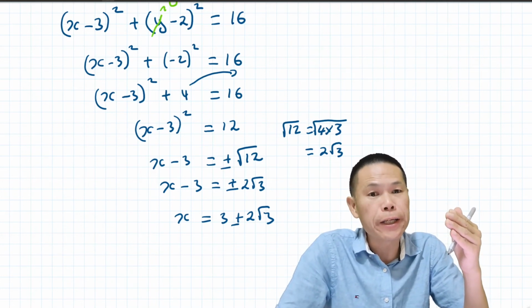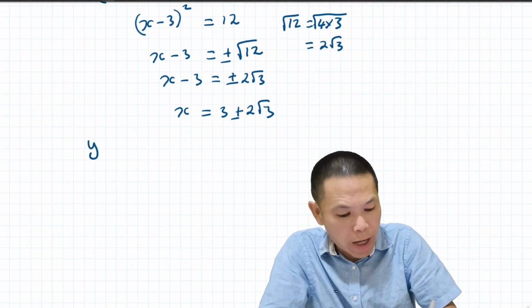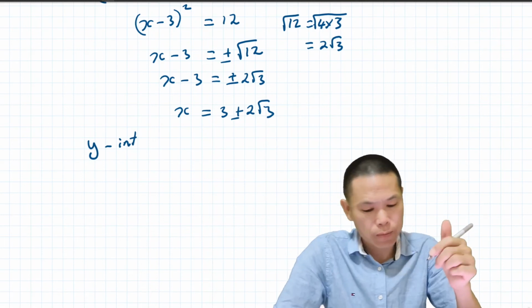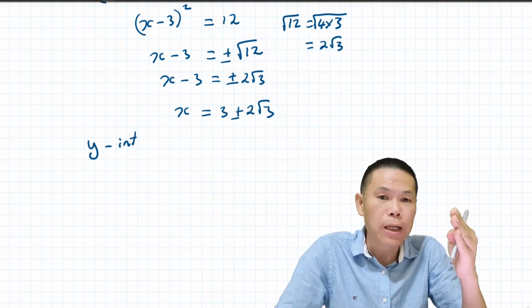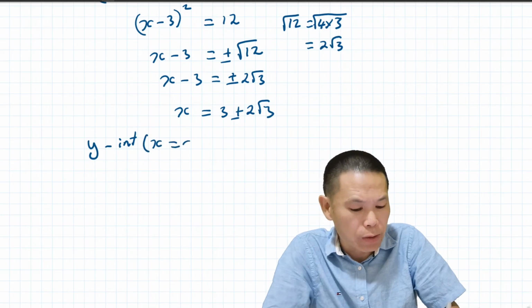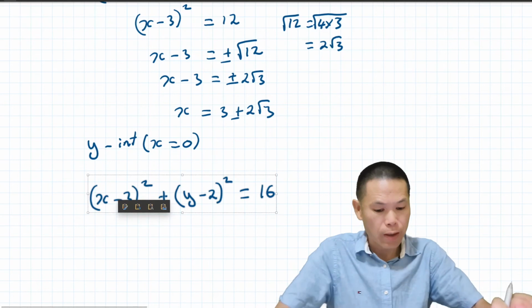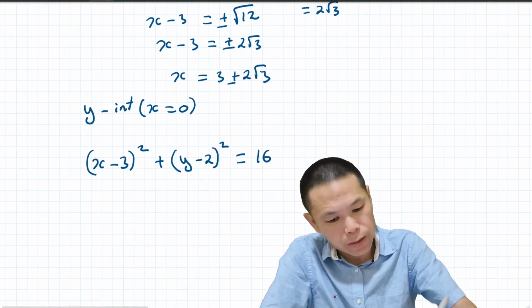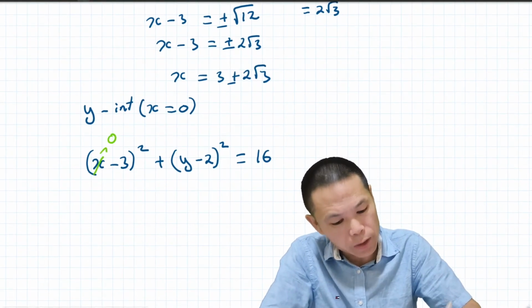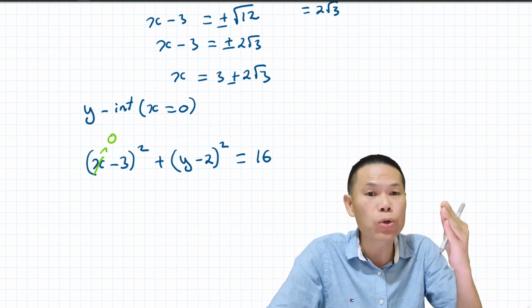Now we need to find the y-intercept. To find the y-intercepts, we make x equal to 0. So when x is equal to 0, this becomes (−3) squared, and negative 3 squared is equal to 9.